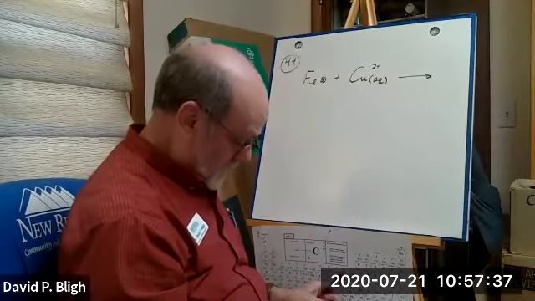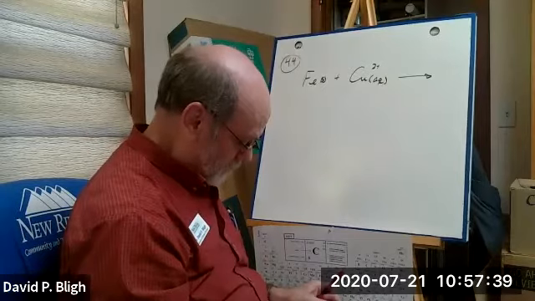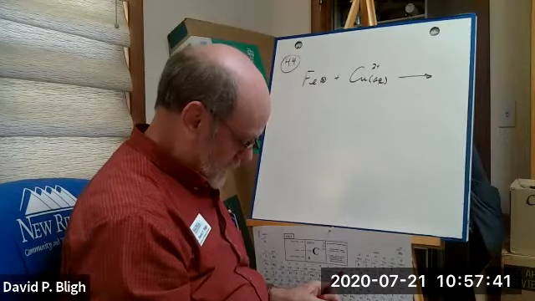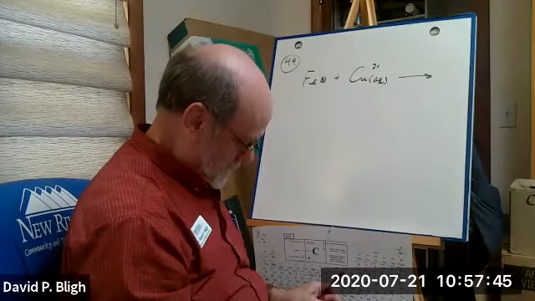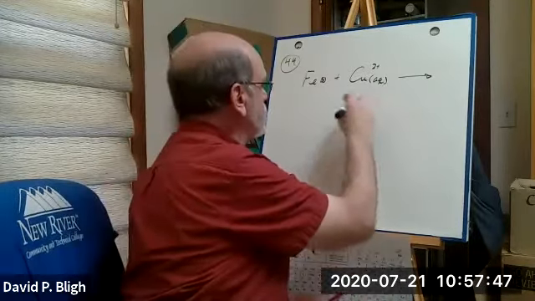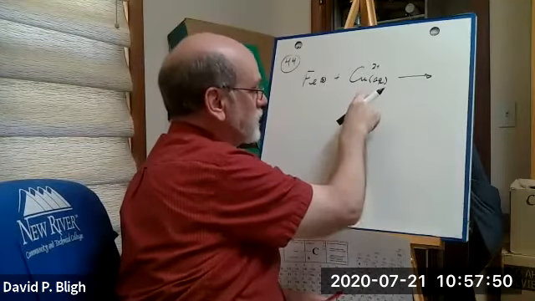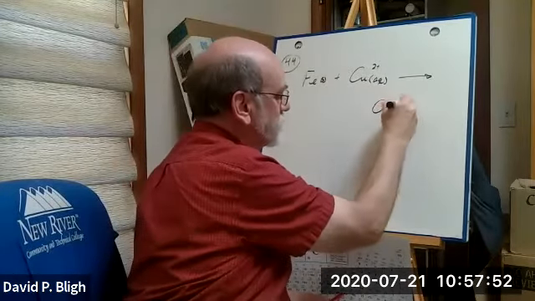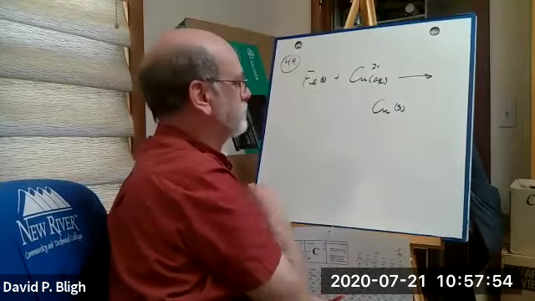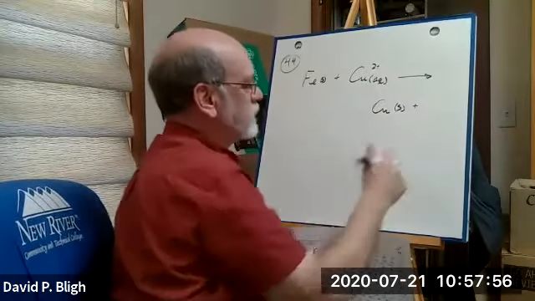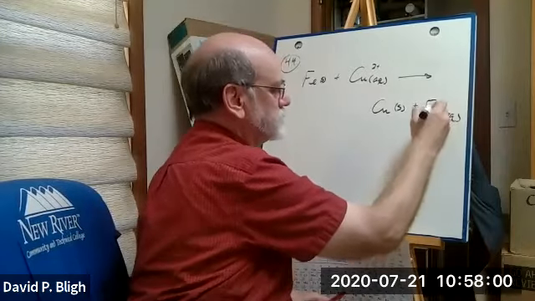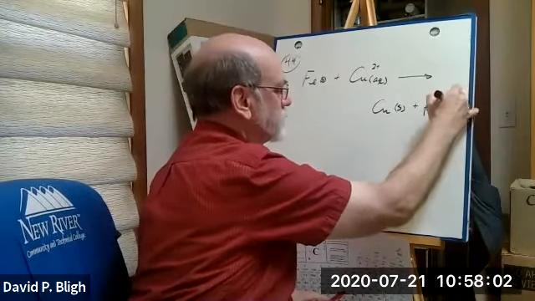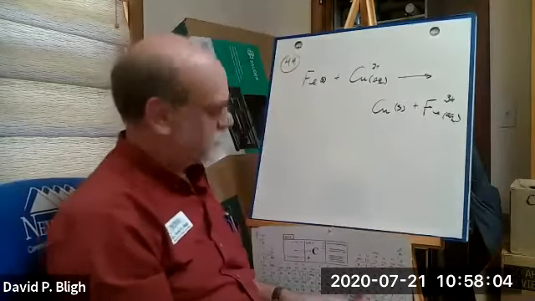Well, we do get some, we have some of this left over, and we get some of this, right? So what happens to that one? Well, it produces some ion, probably 3 plus. It's my guess.